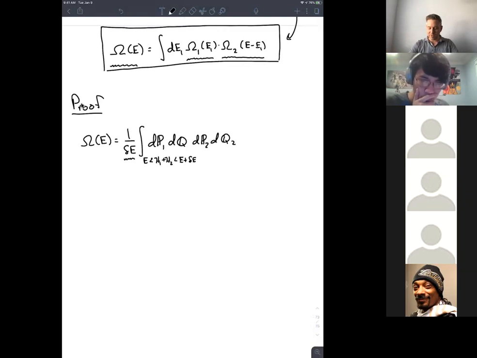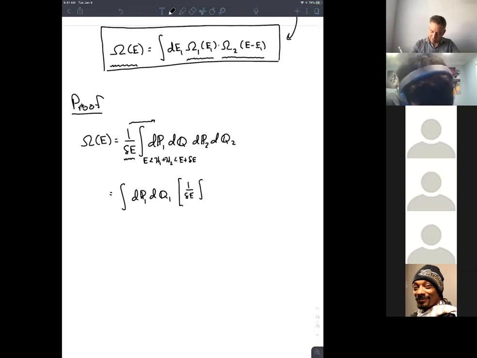So I'm going to absorb this thing into my integral, and I'm going to rewrite this in the following way. I still have all my subsystem 1 phase space variables here, and I'm going to associate this delta E with my phase space 2 variables here, like so.